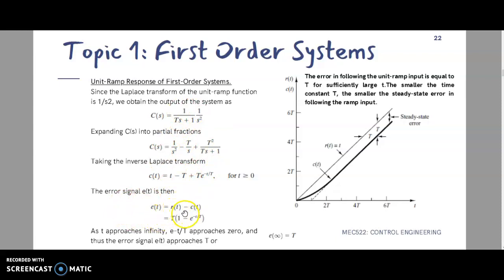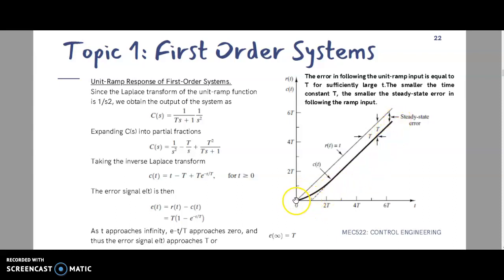So e(t) equal r(t) minus c(t). Maksudnya input minus output. So you akan dapat this one, and then the error signal equal dengan T. So you akan dapat graph something like this.